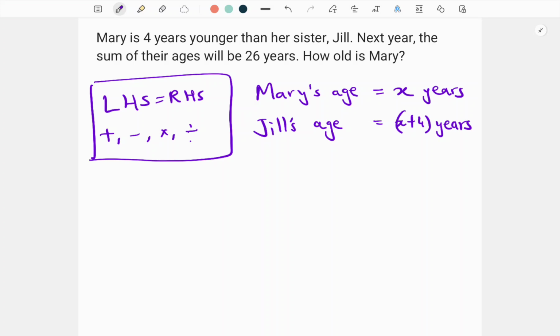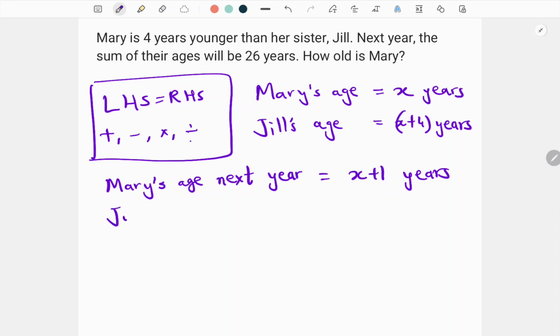It says next year the sum of their ages will be 26 years. So Mary's age next year will be x plus 1 years, and Jill's age next year will be x plus 4 plus 1, which is x plus 5 years.